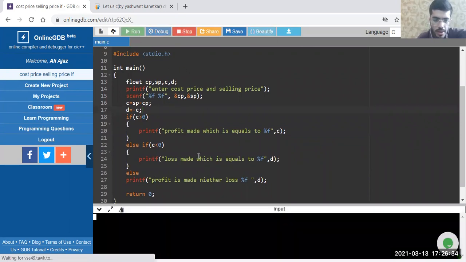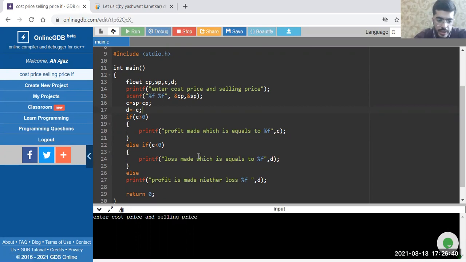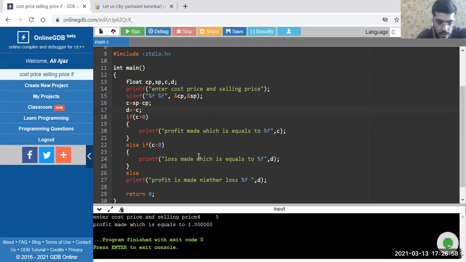Run. Here the program is asking for the cost price and selling price. First we are taking the profit scenario by giving the cost price smaller than the selling price. So cost price is 4, selling price is 5. The seller will automatically make a profit of $1. So we have the output statement over here, profit made, which equals 1.